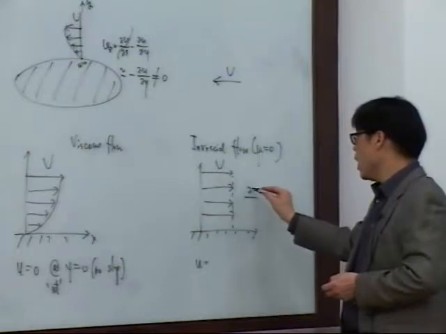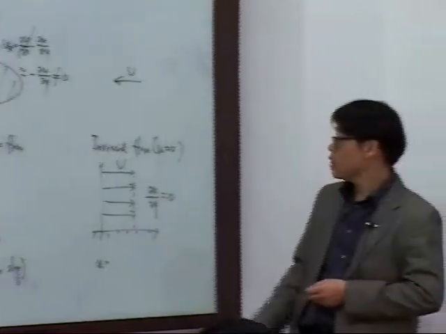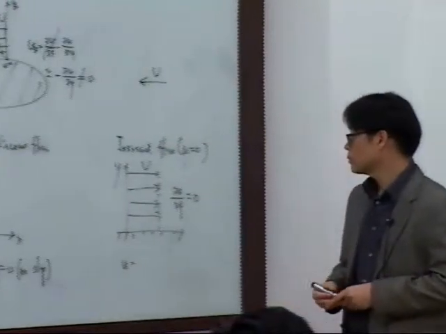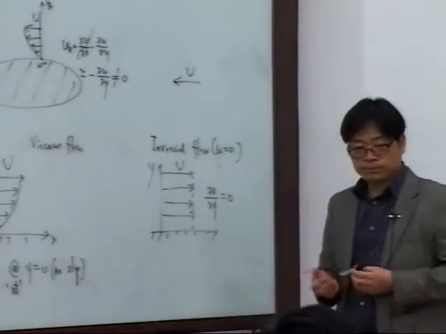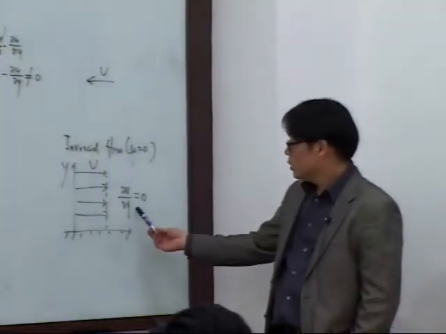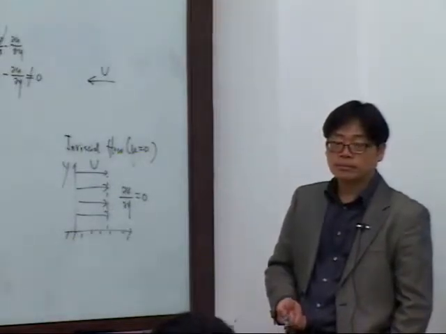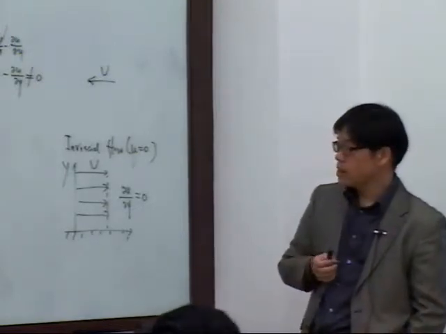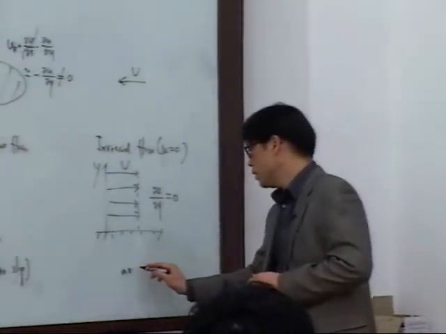So in this case, du/dy is identically 0 because u doesn't depend on y. There is no boundary condition for horizontal velocity, and therefore vorticity cannot be generated for inviscid flow. So in this case, no vorticity.